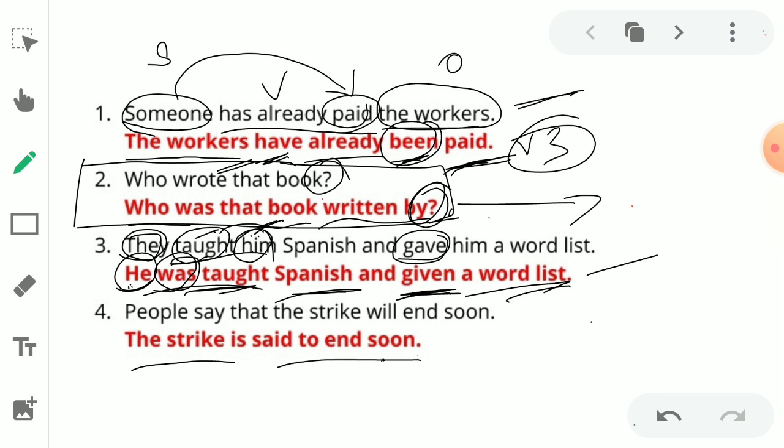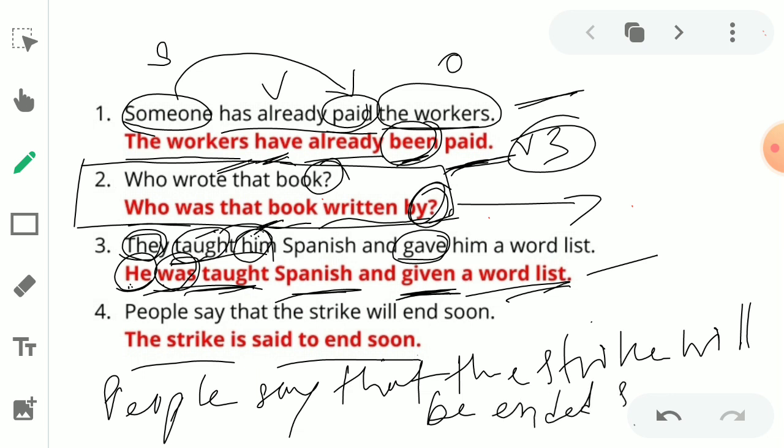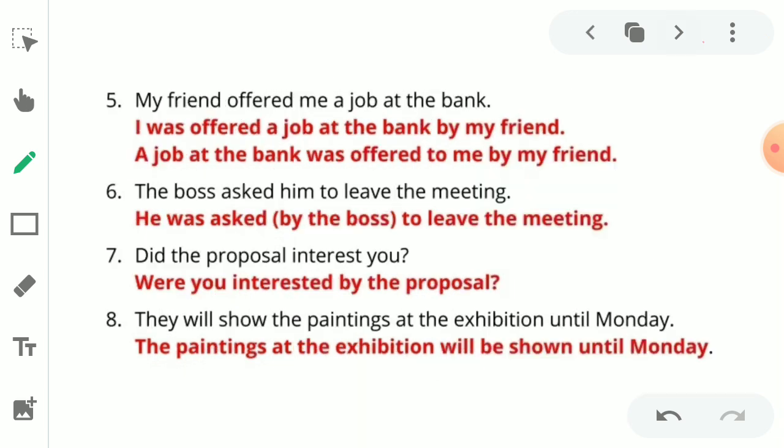We can also write: people say that the strike will be ended soon. We can also write like this.